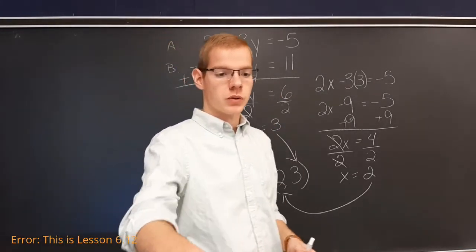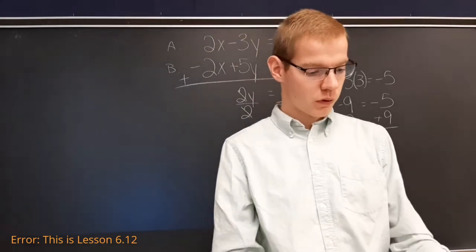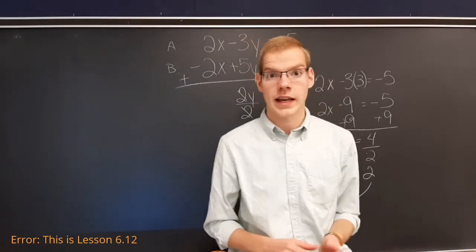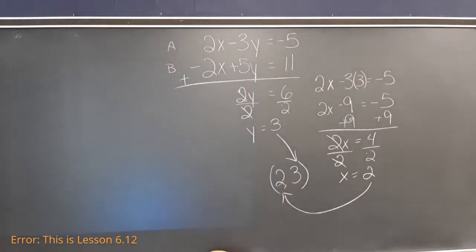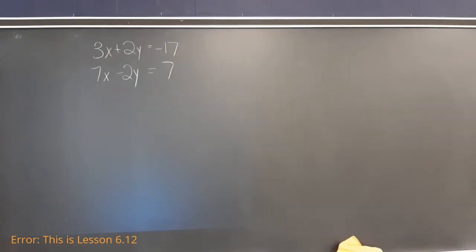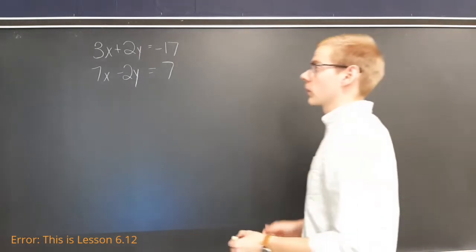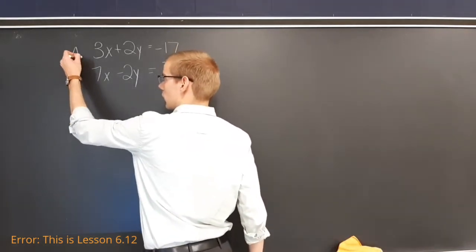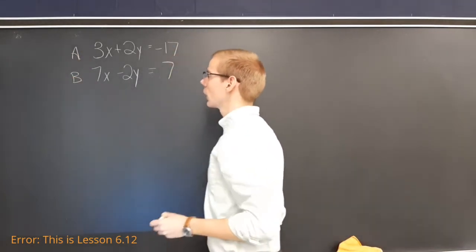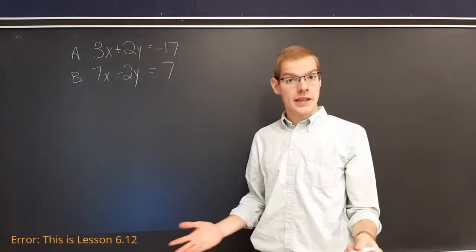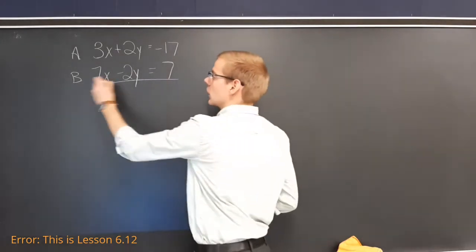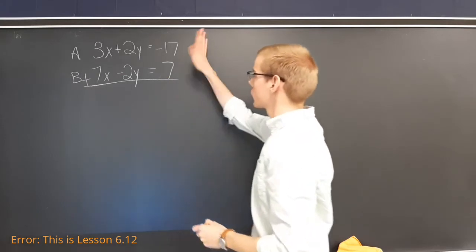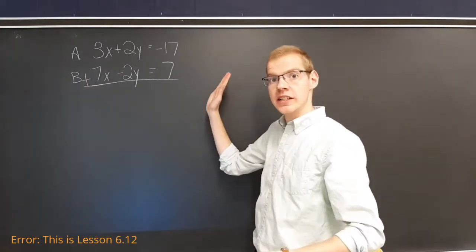So let's do number 1 together. All right, for number 1, label both of them with their labels, A and B, and then add them together again. Start from the back like we normally do in a regular addition.